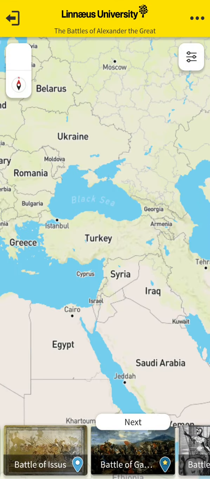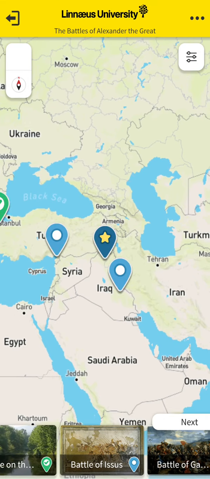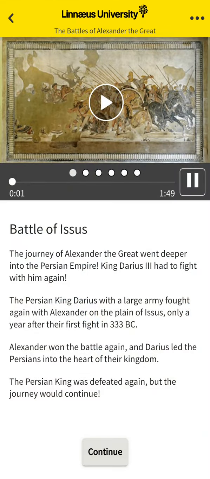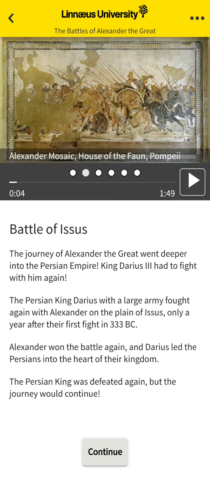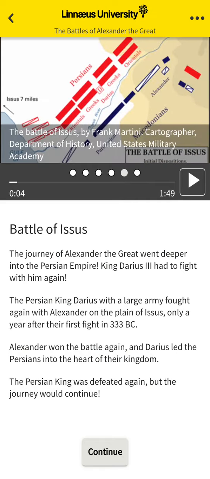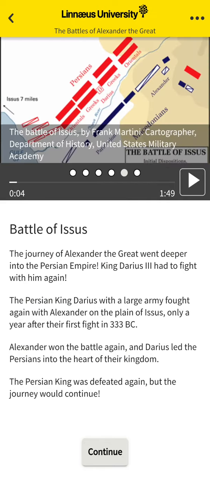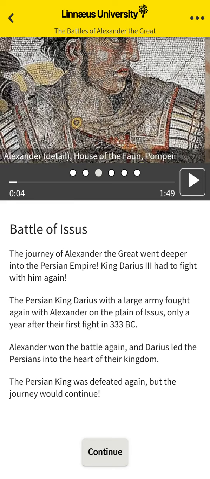The next point is the Battle of Issus. A different kind of music is used on each stop. Different images related to the Battle of Issus.